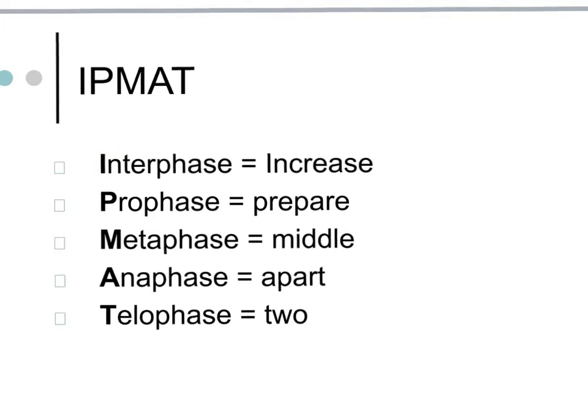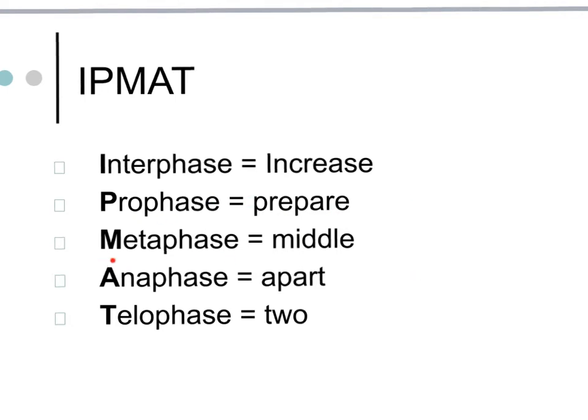Interphase, we can think of it as an increase. So an increase in organelles and in DNA, because we're doubling the DNA and we're increasing all the organelles, preparing to be split apart. Prophase, we can think of as prepare, because a few things are happening in prophase that is preparing to allow us to split.